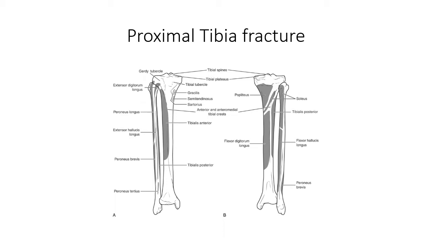The mechanism of injury is either low energy, which results in a torsional injury and spiral oblique fracture, or indirect trauma. High energy trauma, which results from direct trauma, is usually associated with compartment syndrome and soft tissue injury, which complicate the outcome of the patient.